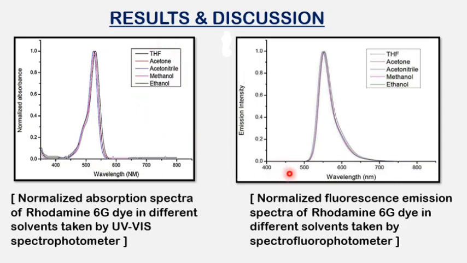And this is the normalized fluorescence emission spectra of rhodamine 6G dye in different solvents taken by the spectrofluorophotometer, and these are the solvents we have used.